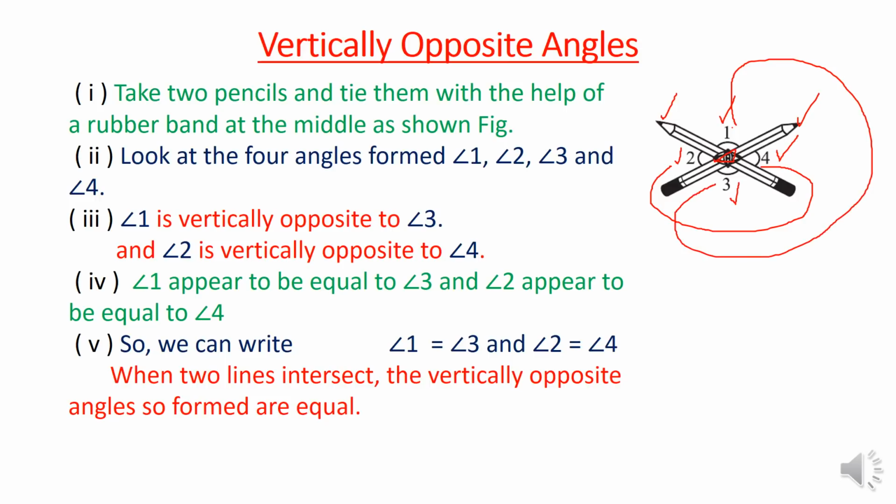These two pairs of angles are the pairs of vertically opposite angles. Angle 1 appears to be equal to angle 3, and angle 2 appears to be equal to angle 4. That means angle 1 equals angle 3 and angle 2 equals angle 4. From this we can conclude that when two lines intersect, the vertically opposite angles so formed are equal.